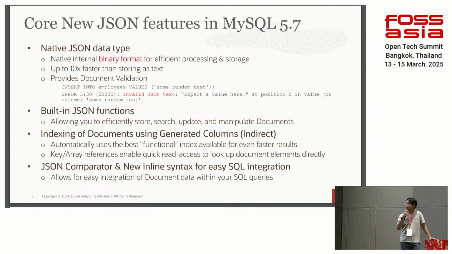And we have built-in JSON functions to work with the CRUD API. When your application needs to work similarly to accessing MongoDB, we can work with the API to access the MySQL database.